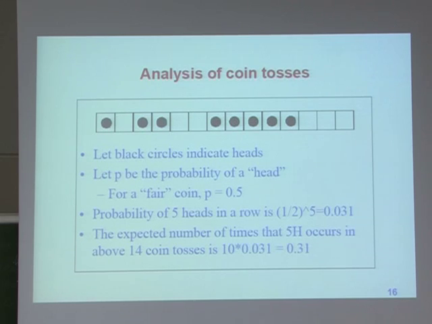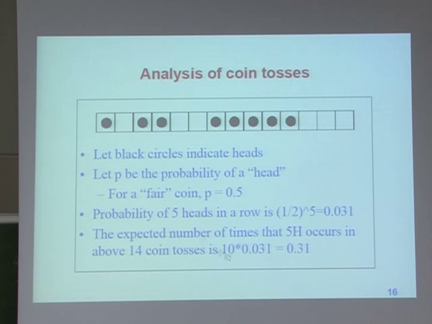So the number of 5-head observation experiments you can try is actually 14 minus 5 plus 1, I guess.